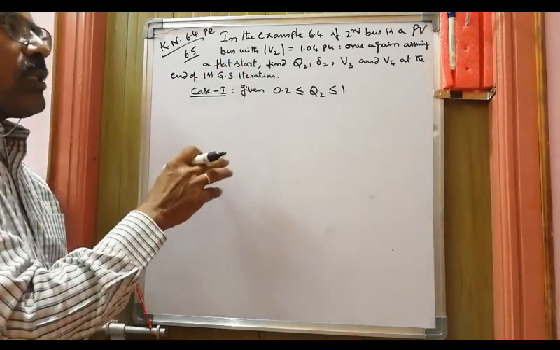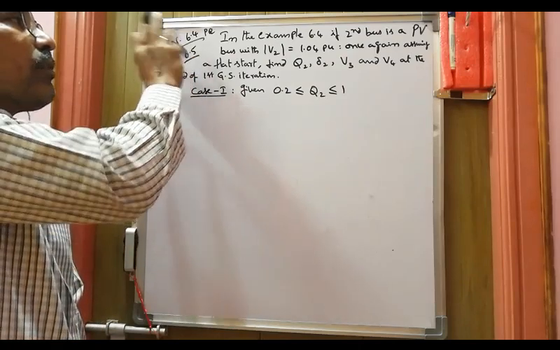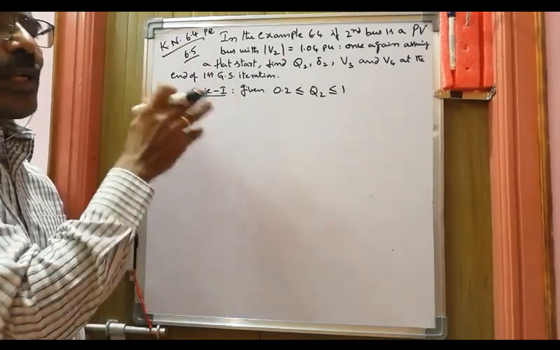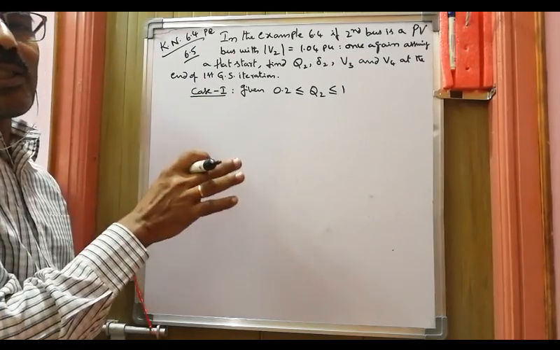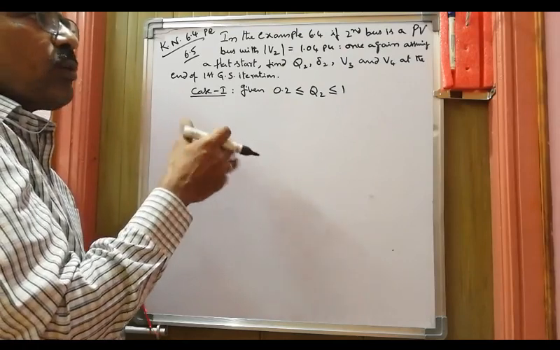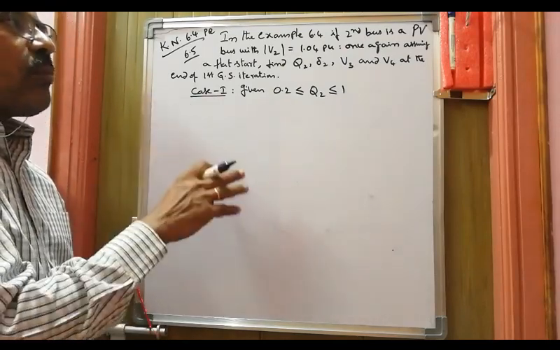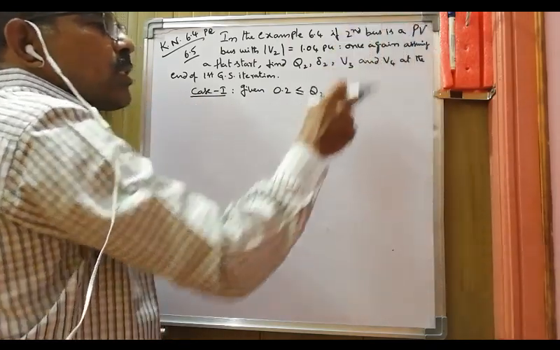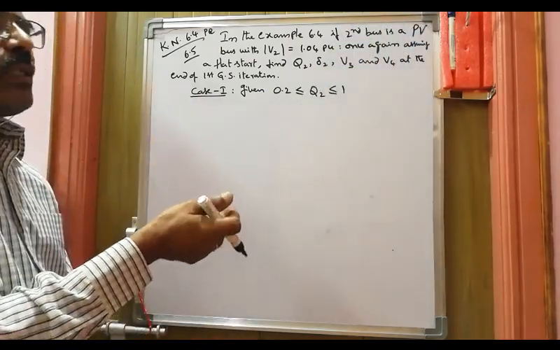As usual, you need to make use of the entire data that is given in the 6.4 example, our earlier example. The first bus is the slack bus, whose voltage is given, and delta is also there for the slack bus. The second bus is a PV bus now, so Q is to be updated.